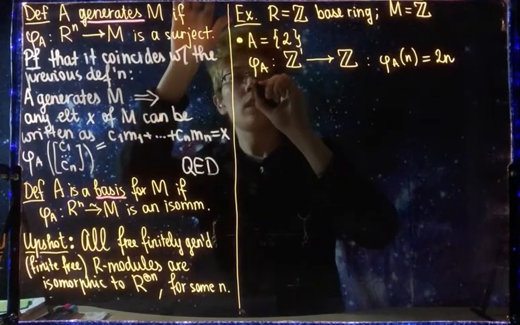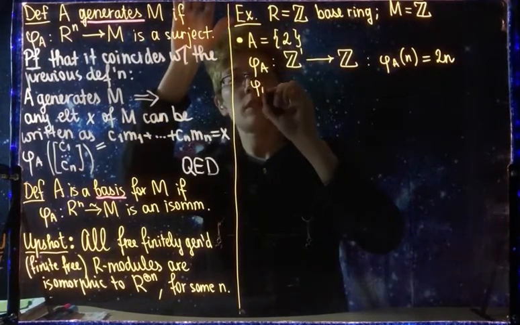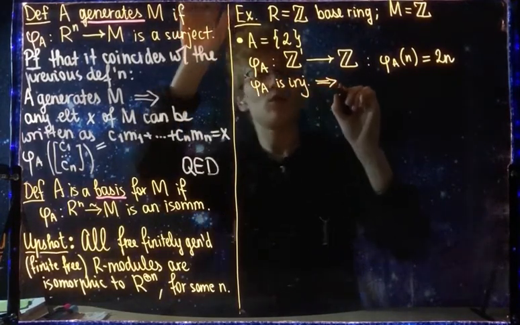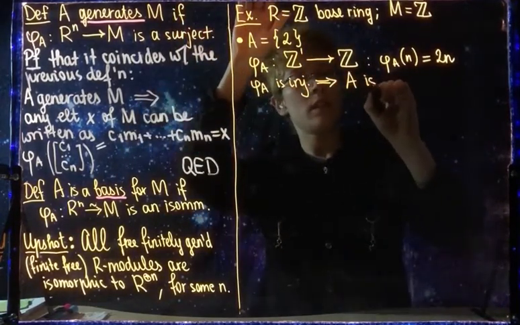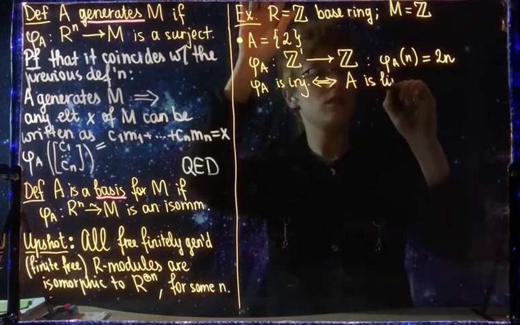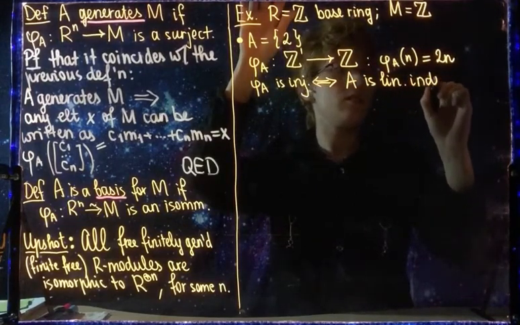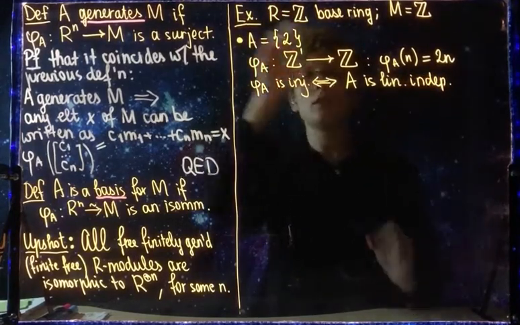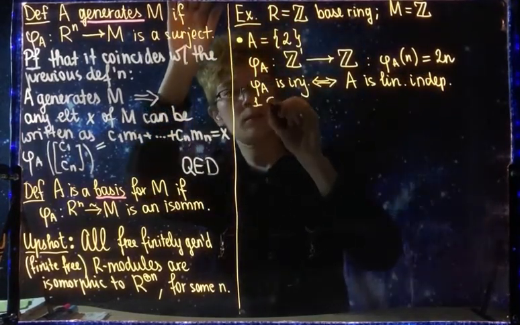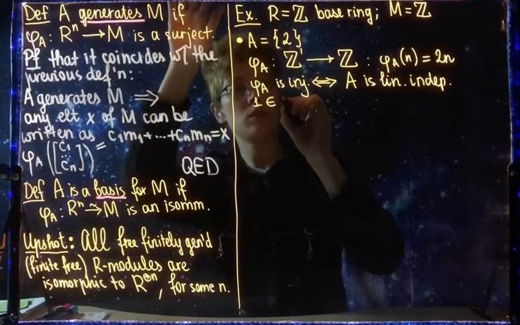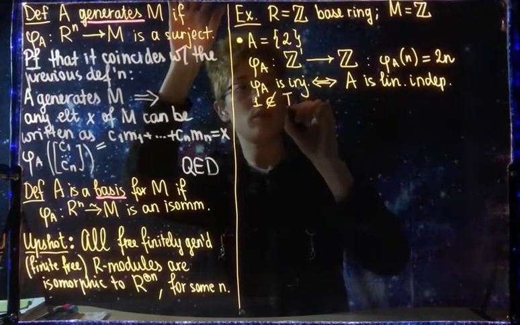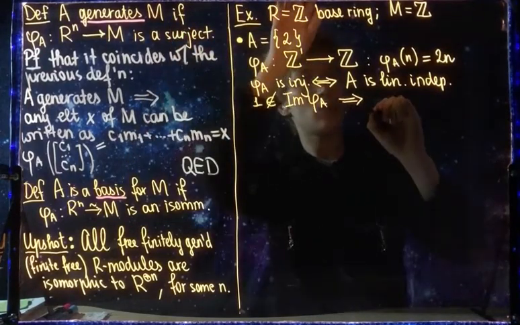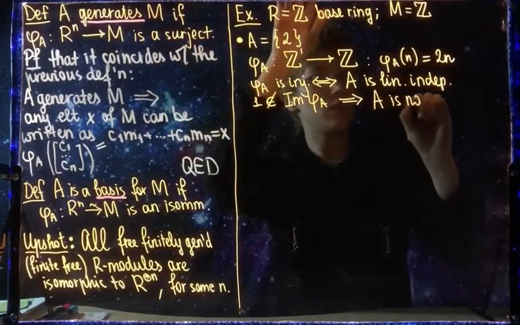And so we can see that this map is injective. So A is linearly independent. But it is not surjective because we don't have 1 in the image. So 1 does not belong to the image of phi A. So A is not a basis.